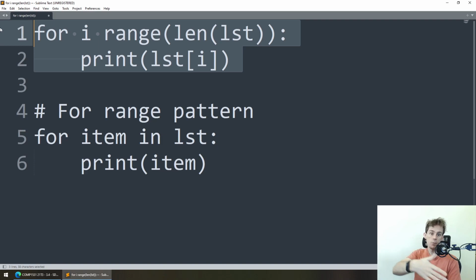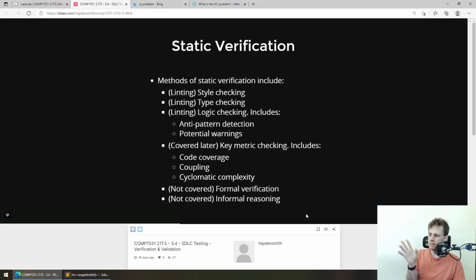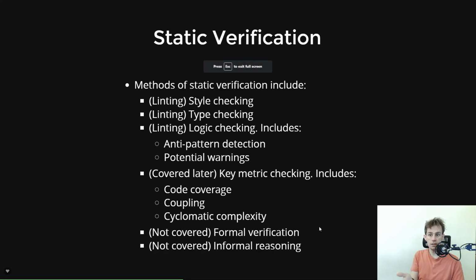There's a good reason why, but we haven't done that, so we call that an anti-pattern. That's what anti-pattern detection is. Typically linters can do it. They're like, yep, good style, no warnings, but maybe that's not the best approach here. So basically, if something's not following convention, that's a good summary of it.